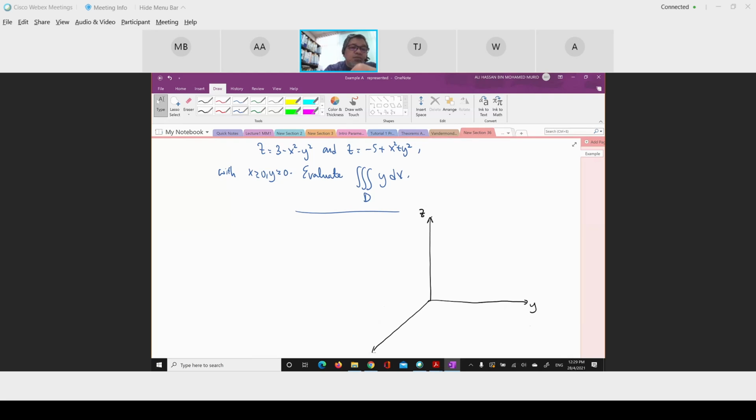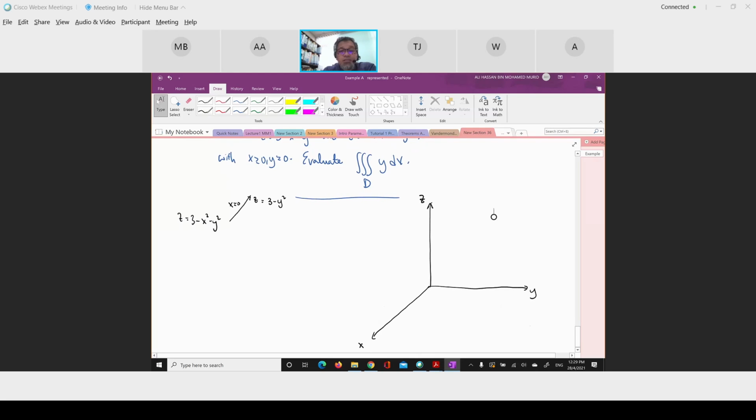Let's first consider z equal to 3 minus x squared minus y squared. When x is 0, we get z equal to 3 minus y squared. When x is 0, it is on which plane? The yz plane, right? So z equal to 3 minus y squared. When y is 0, it is 3.